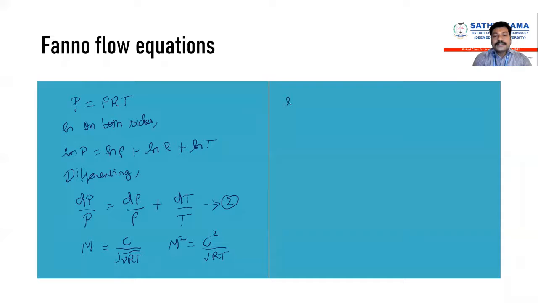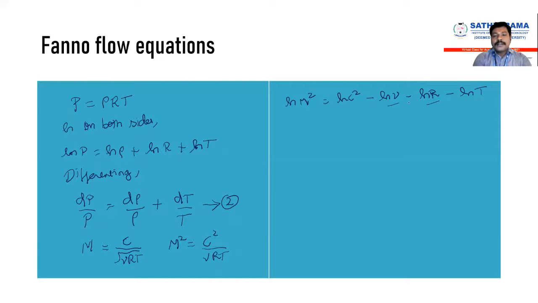Taking ln on both sides, we have ln M square is equal to ln C square minus ln gamma minus ln R minus ln T. Ln gamma and ln R are constant.